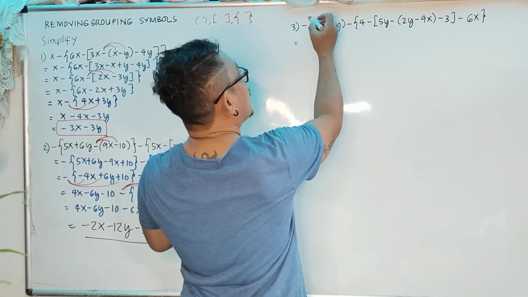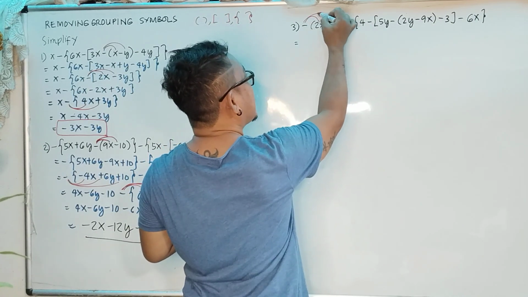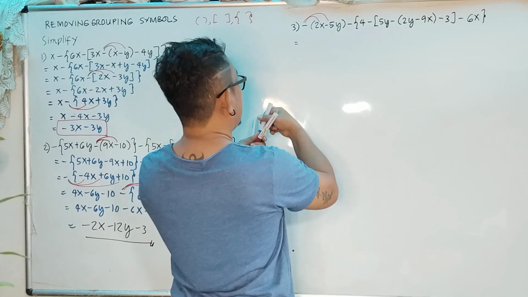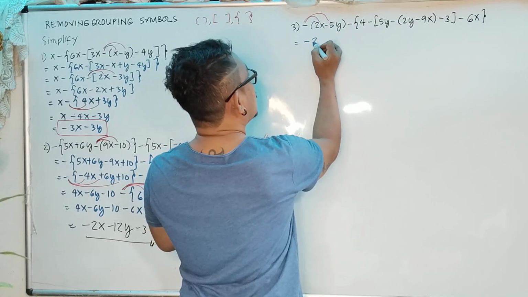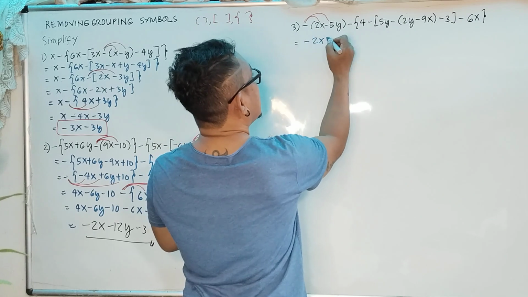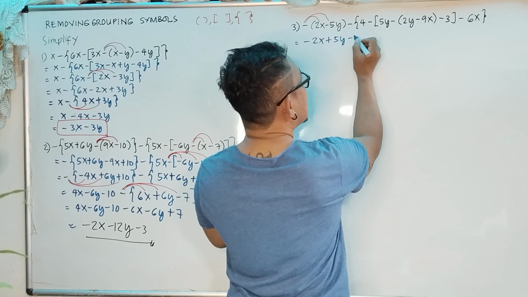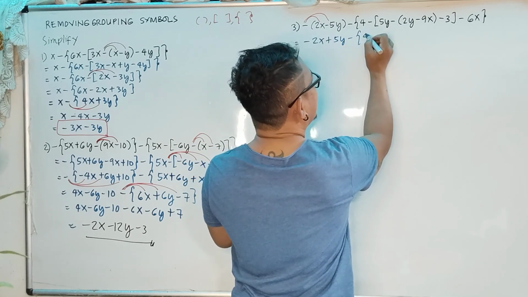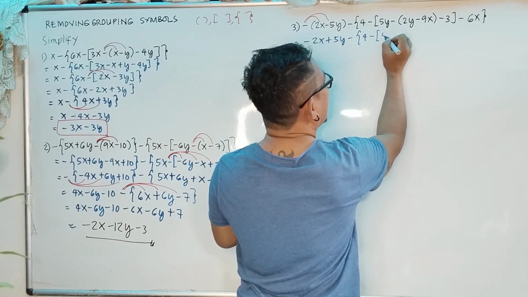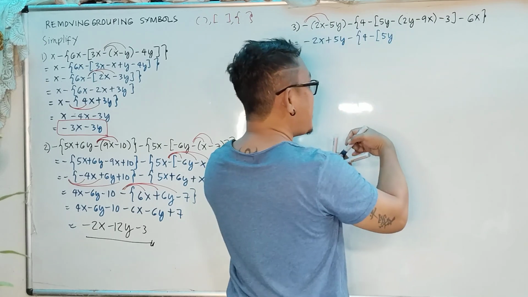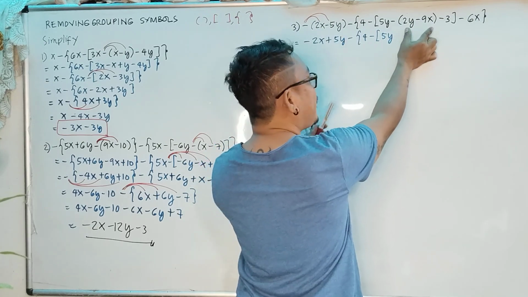So, here, we distribute negative times 2x, negative times negative. So you have here, negative 2x, negative times negative, so plus 5y. Okay? And minus, copy brace, 4 minus, copy bracket, 5y. Then, we need to remove the parentheses.